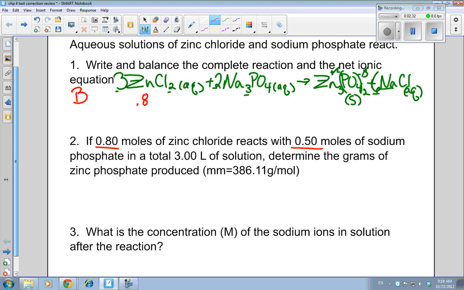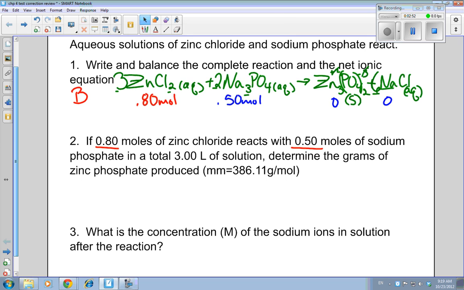So I have 0.8 moles of zinc chloride, and I have 0.5 moles of sodium phosphate. I don't have any moles of the product yet. And so I need to figure out who is my limiting reactant.